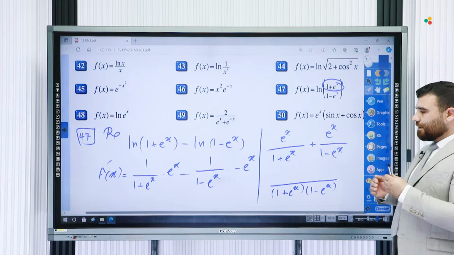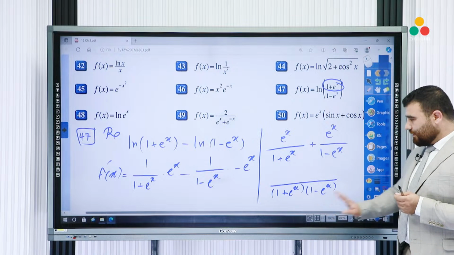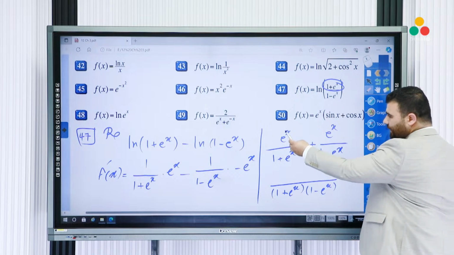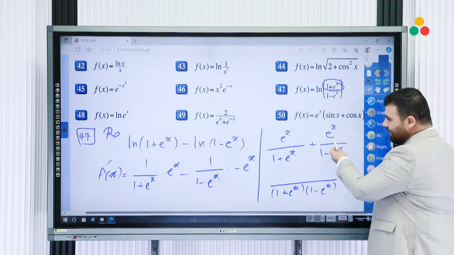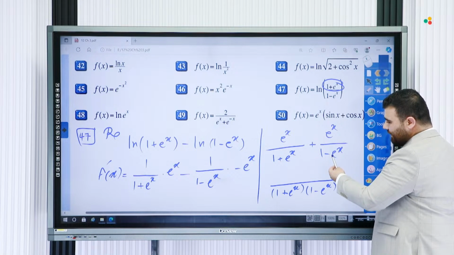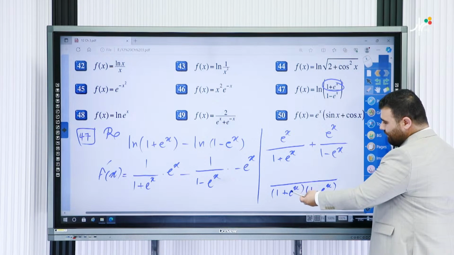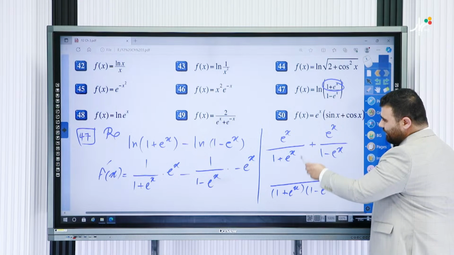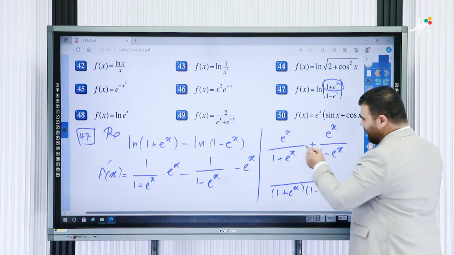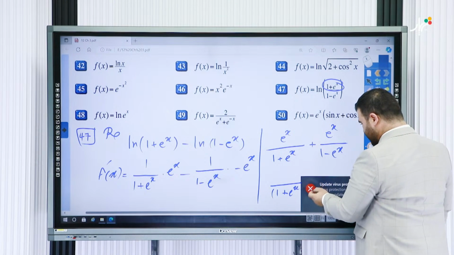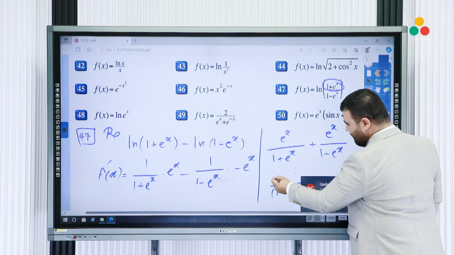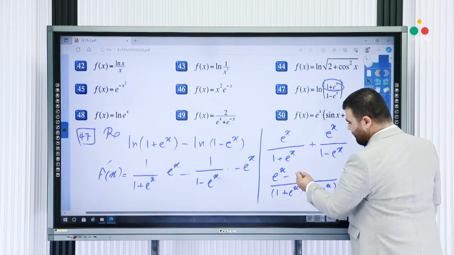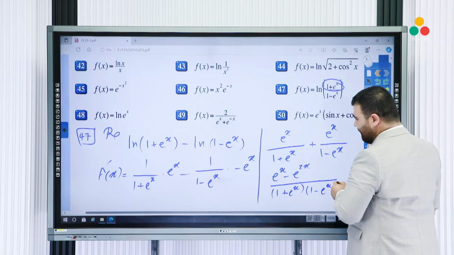This part should be multiplied by this, and this part that has 1 minus e^x should be multiplied by 1 plus e^x. It's kind of like the butterfly method. Now e^x times 1 minus e^x is e^x minus e^(2x).